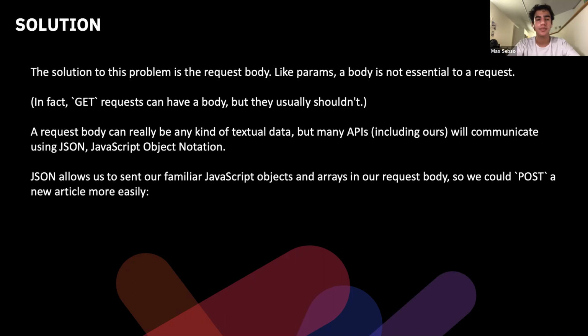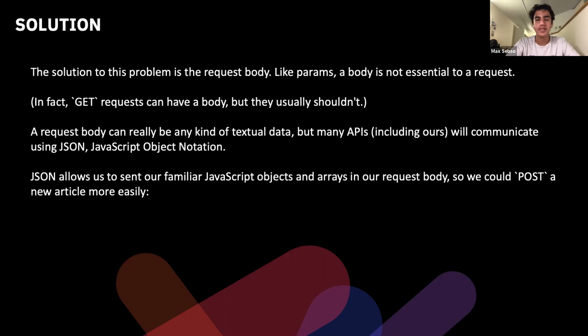What JSON allows us to do is make the format for our body similar on the front end and the back end. And this allows for parsing to be easy with the request body on the front end and the back end.